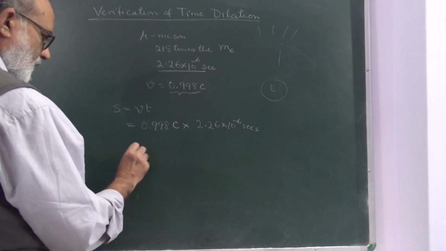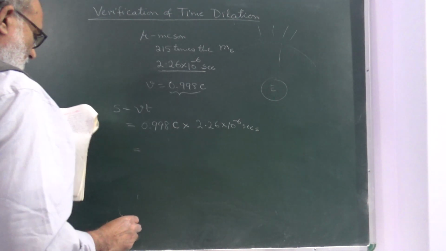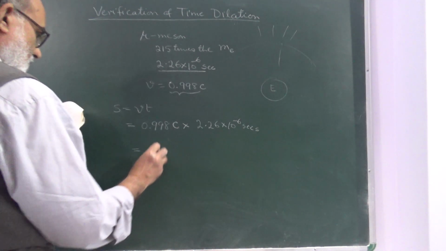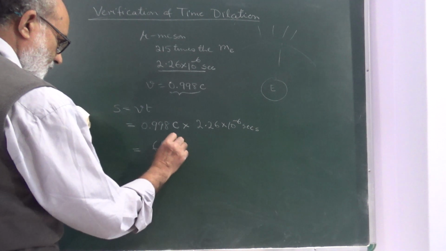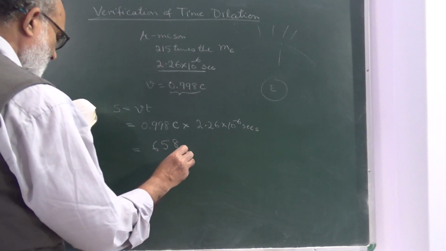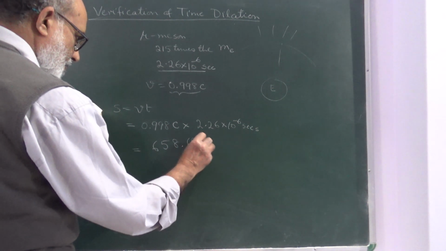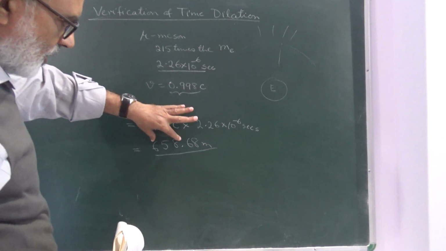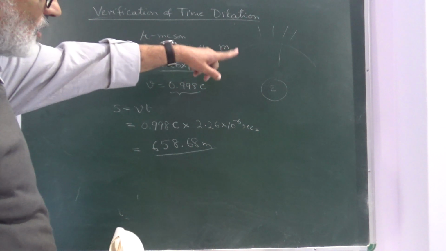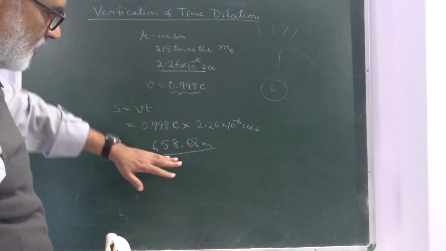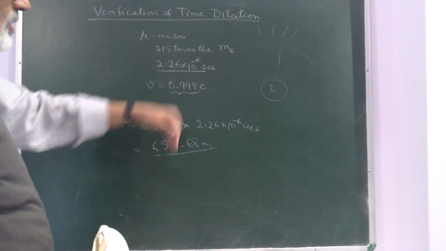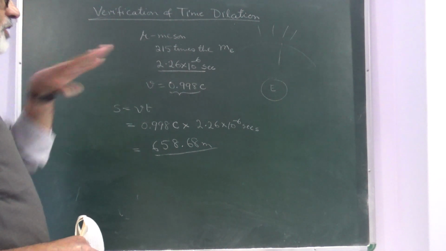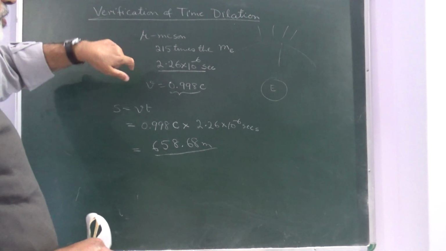If you multiply it, you will get 658.68 meters. After traveling this much length, the particle will disintegrate, the mu meson will disintegrate into electron and neutrinos.